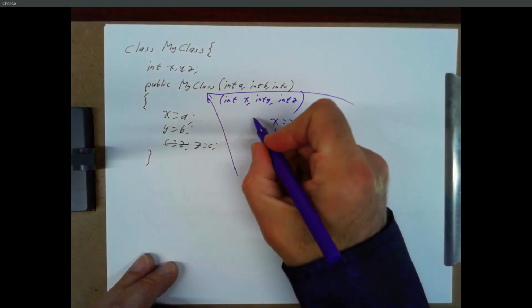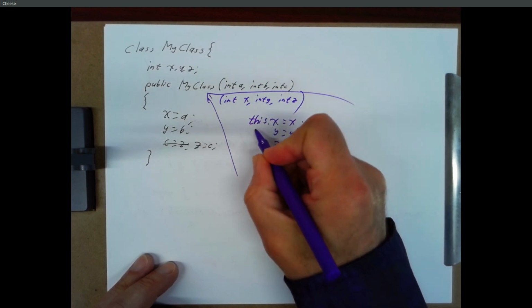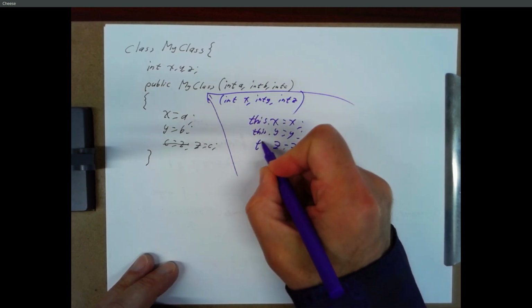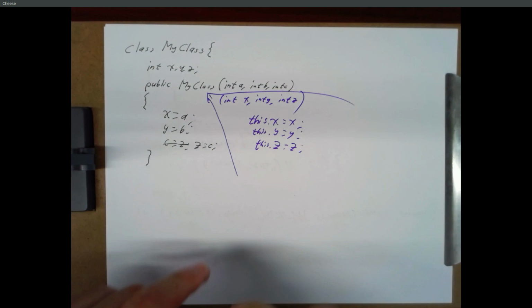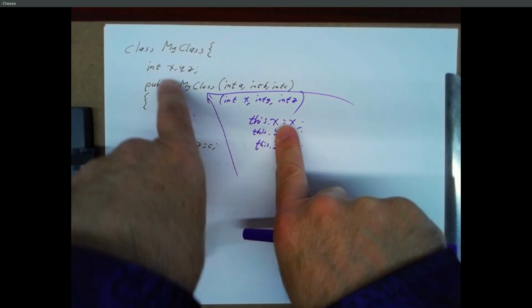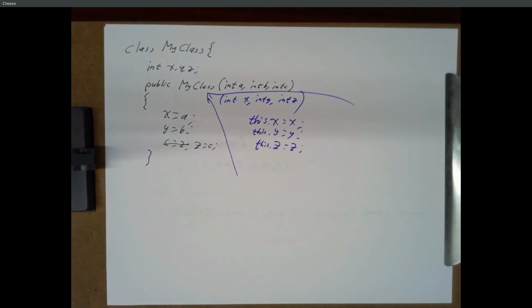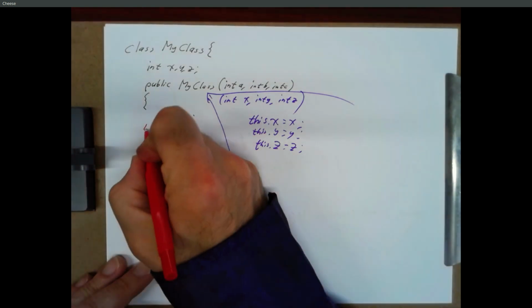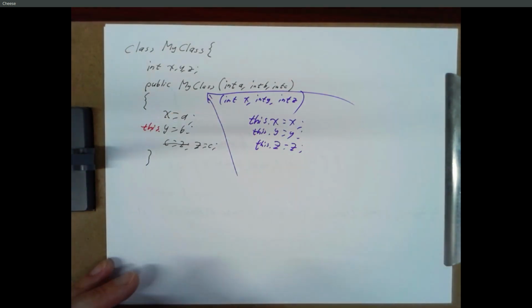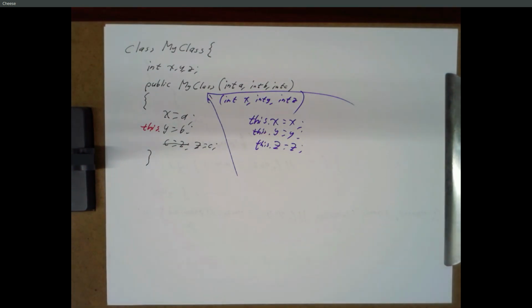So this is where we use the keyword this. And this means the variable x that's part of the class itself. Now you could do this dot y equals b. That's not wrong. It's going to work, but it's redundant.